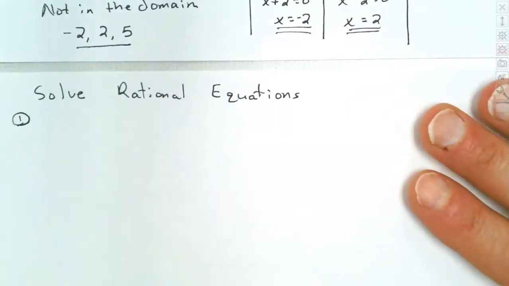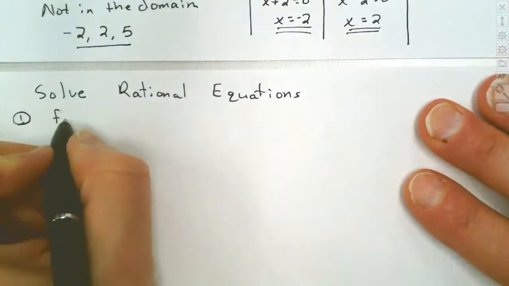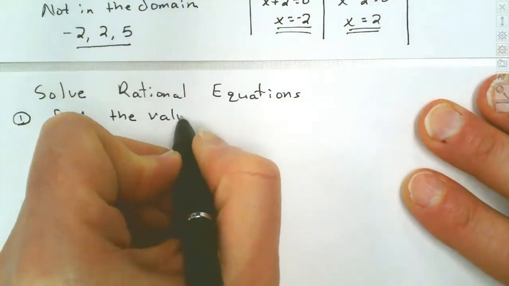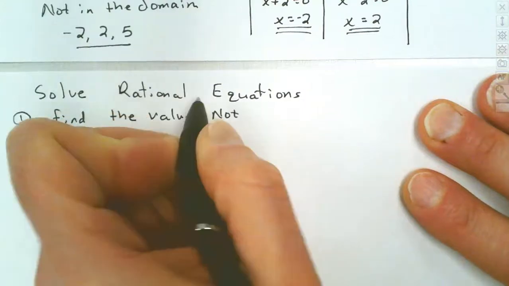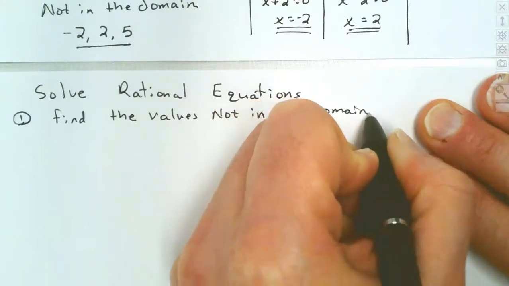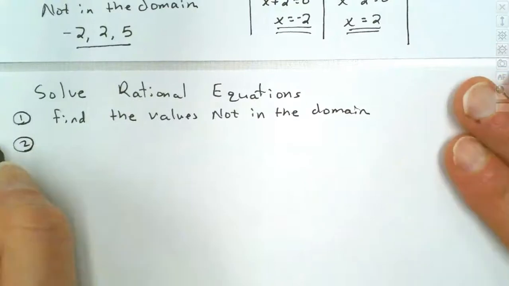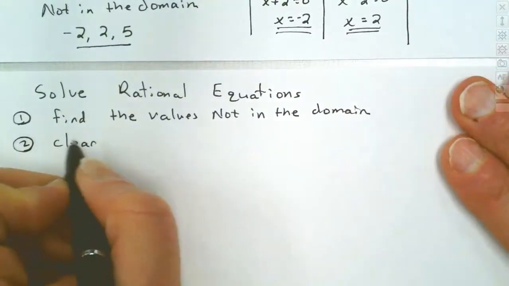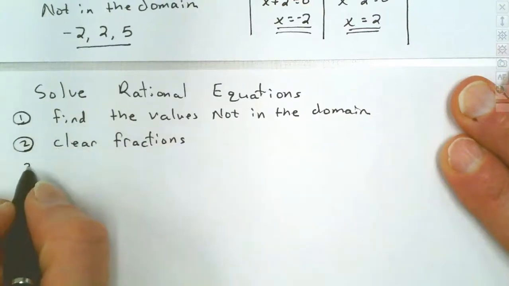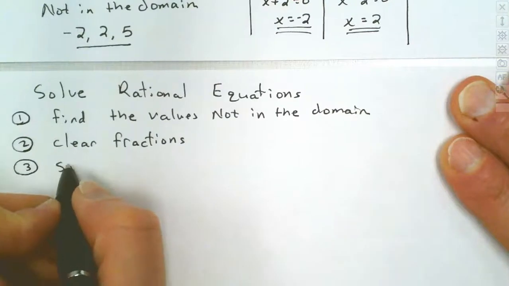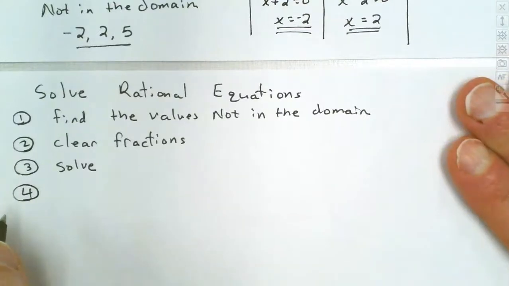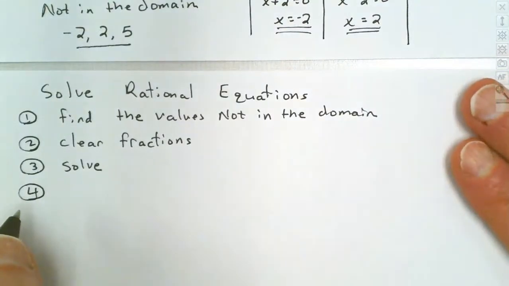Step number 1: find the values not in the domain. Step number 2: clear fractions. Step number 3 is solve. And step number 4 is just check and make sure that your answers are in the domain.